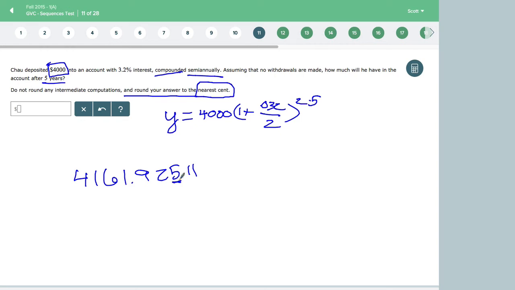So that means this number tells us we're going to round up, and that gives us the amount of 4161.93, because that 5 means we're rounding that 2 up.